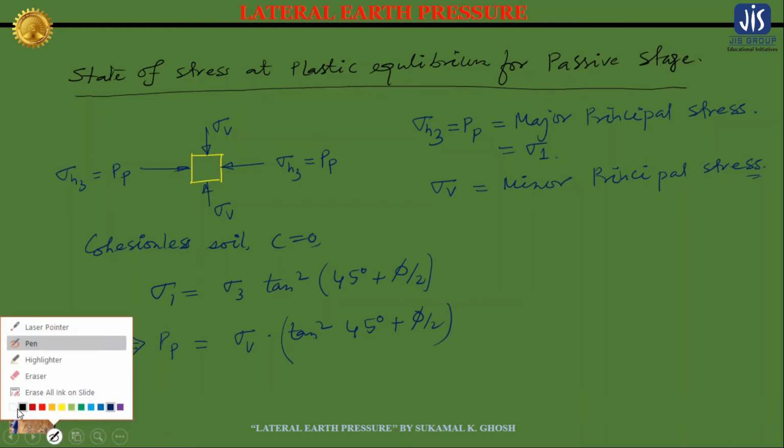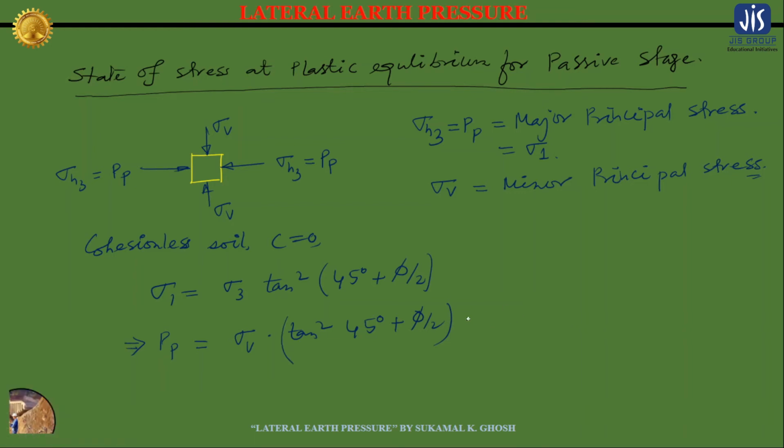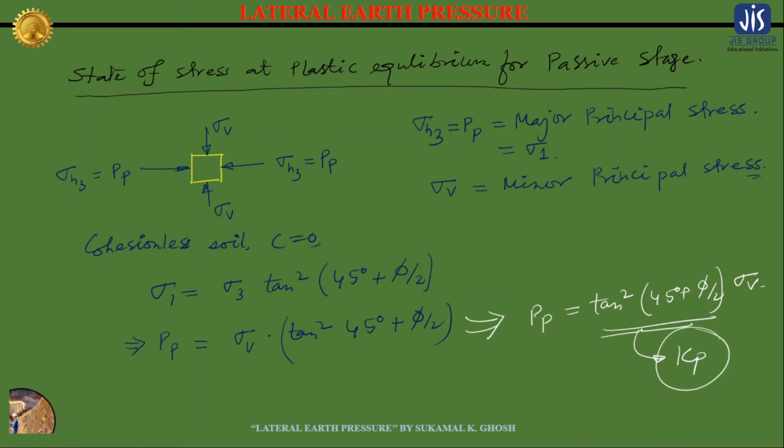So from here you can write that PP is equal to tan square 45 degree plus phi by 2 into sigma V, and this tan square 45 degree plus phi by 2 is nothing but the Kp, the coefficient of passive earth pressure, okay.